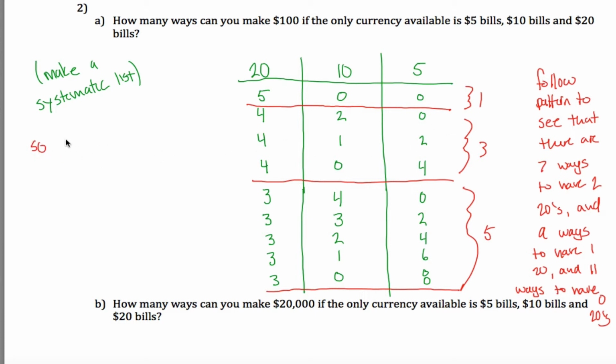So my answer would be 1 plus 3 plus 5 plus 7 plus 9 plus 11.